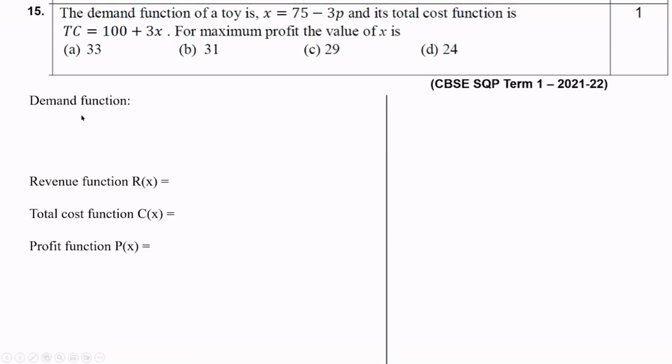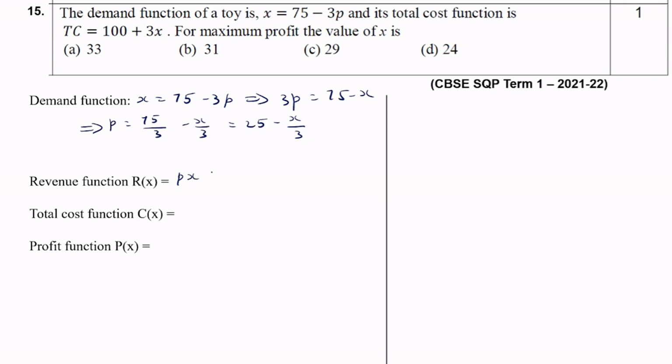So the demand function is given as x is equal to 75 minus 3p. From this we have 3p equal to 75 minus x, or p equal to 75 by 3 minus x by 3. So this is 25 minus x by 3. And now the revenue function is given by R of x is equal to p into x. So it is 25x minus x square by 3.